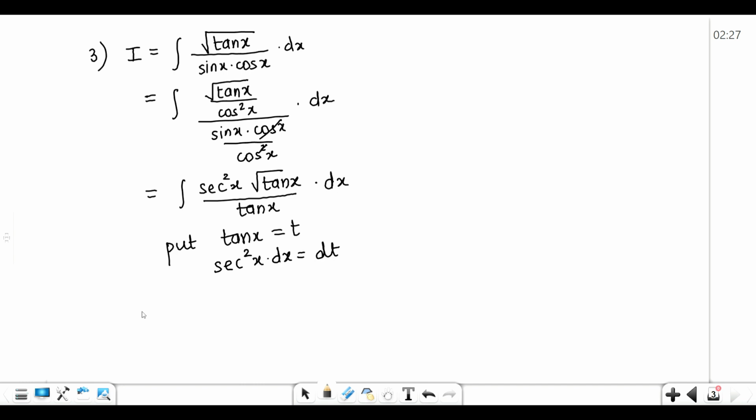Okay, so here I will be equal to, now sec square x dx, this sec square x and dx will be replaced with dt, so I'll write dt over here. Now we are left with under root of tan x upon tan x, so that will be root of t upon t.